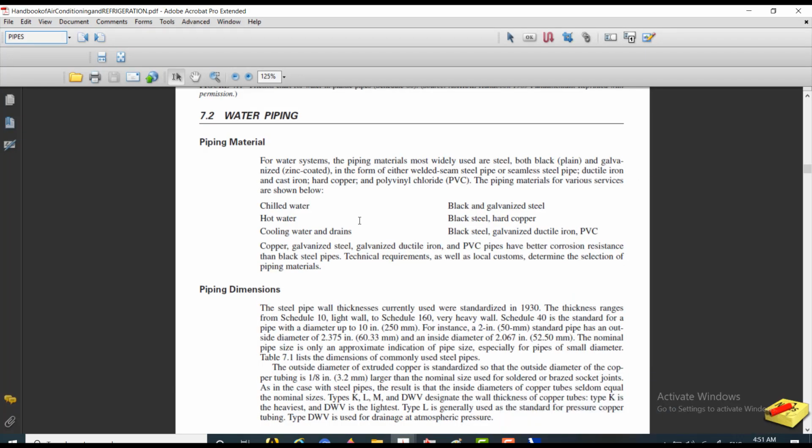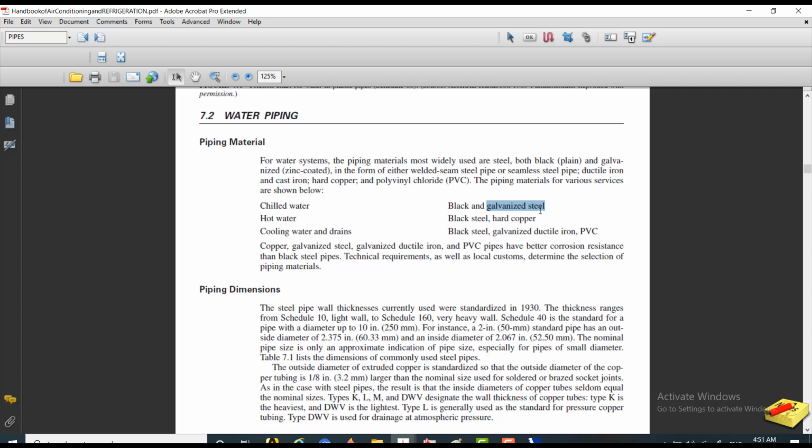For the piping material, for the chilled water system, we'll be using black iron pipe, and you can also use galvanized steel. Mostly black iron is used, since galvanized steel is good because it is already coated.